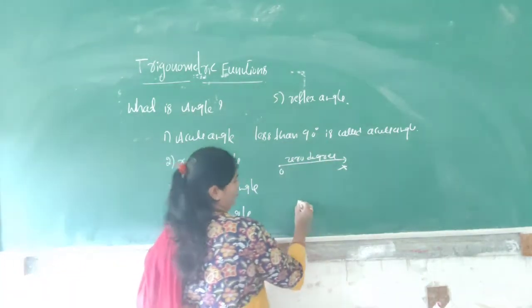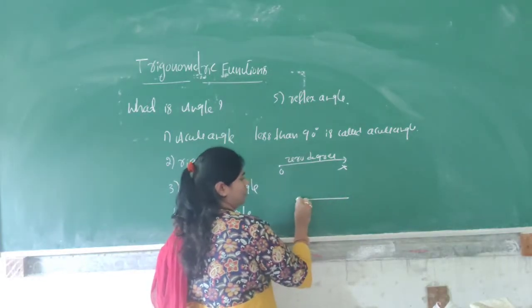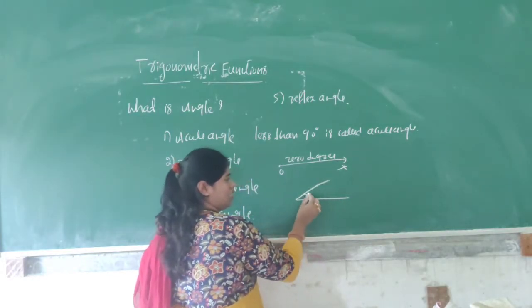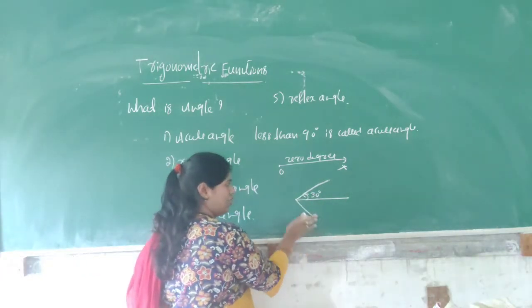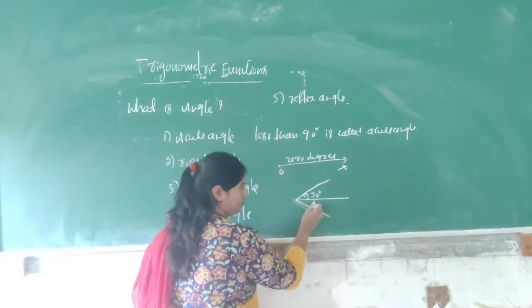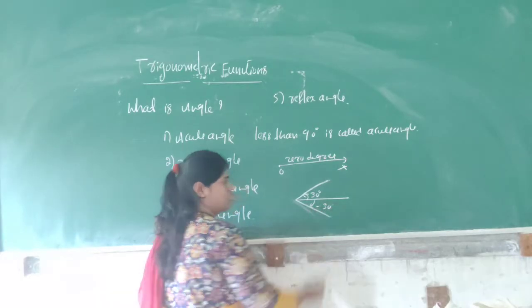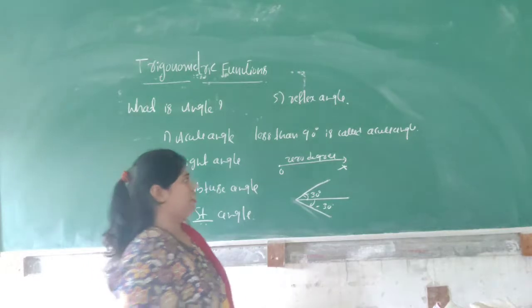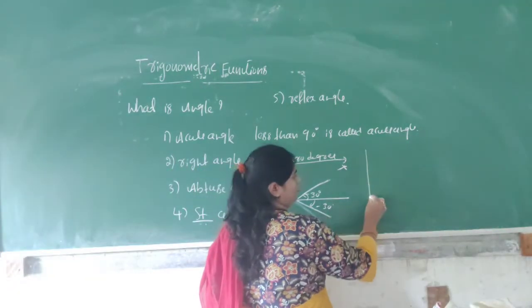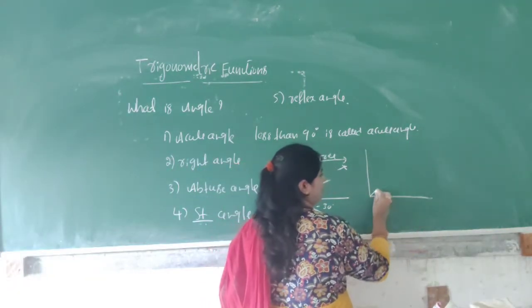In your school days, you have already studied it. This one is considered as 30 degree. If it is in the negative direction, it will be like this, that is minus 30 degree. So negative angle is like this. This one is a 45 degree angle.